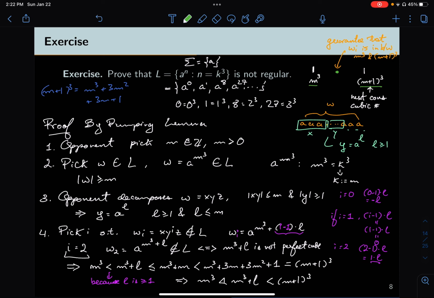So these are two consecutive cubic numbers. And if I'm in between two consecutive cubic numbers, I can't myself be cubic, right? And so M cubed plus L, which is somewhere here, is not a cubic number.